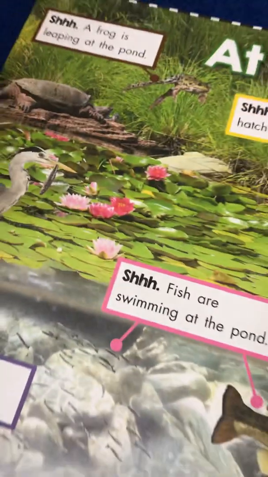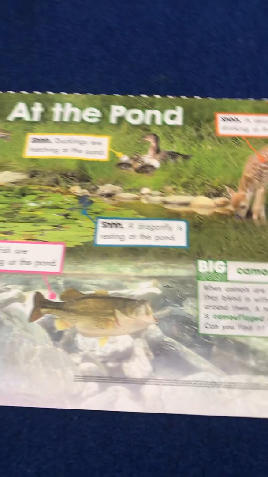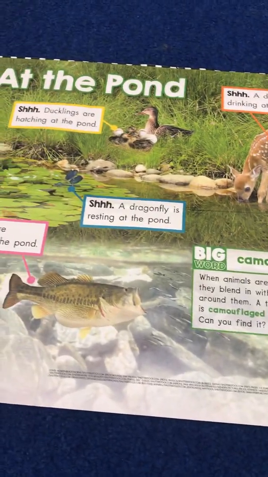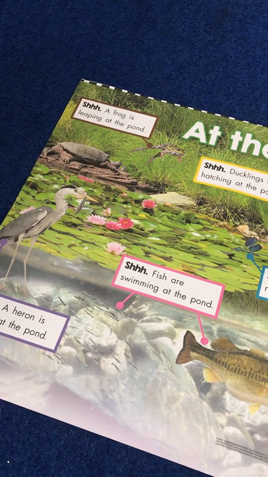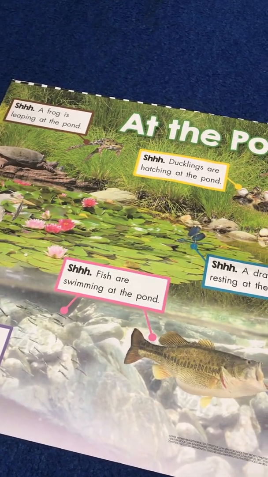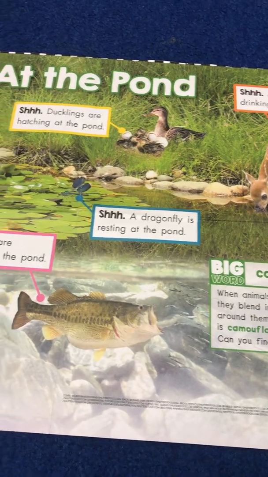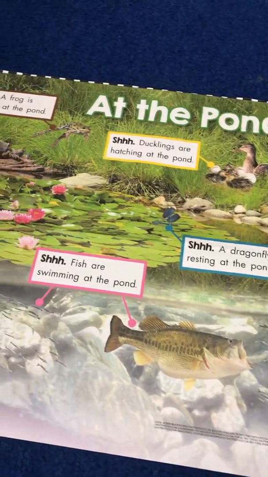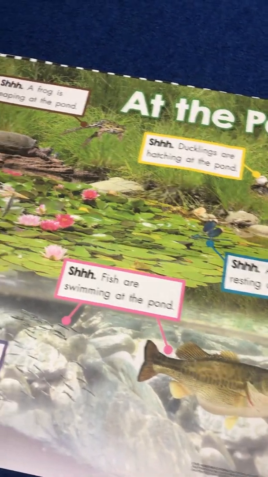Now I want you to look very carefully. Did you notice an animal that's camouflaged? That means he's hiding and it's hard to see him. He almost looks like a big brown rock. When animals are camouflaged, they blend in with the things around them. There's a turtle camouflaged at the pond.